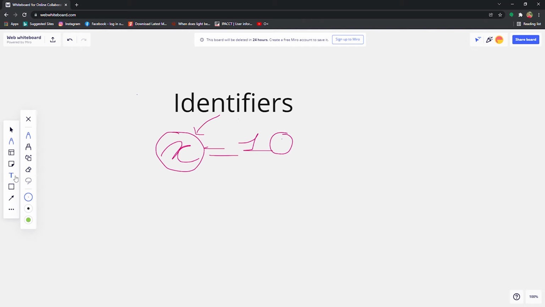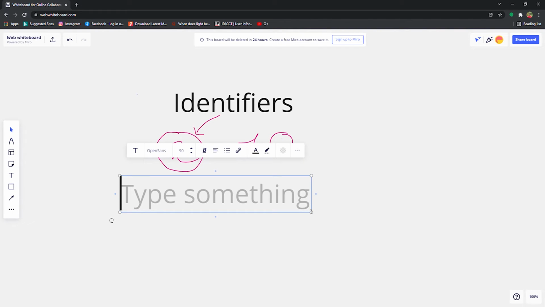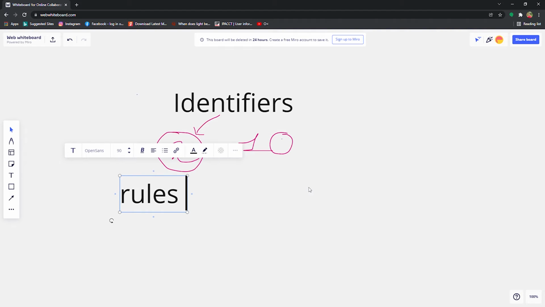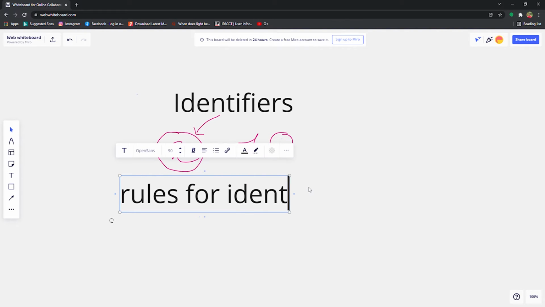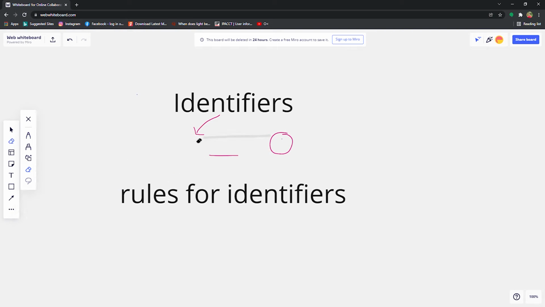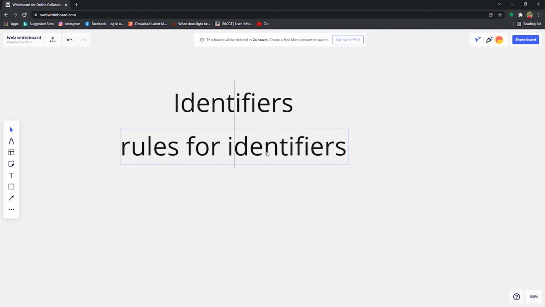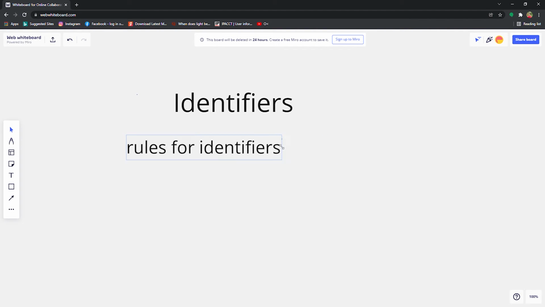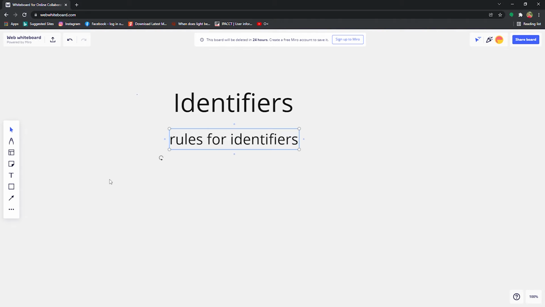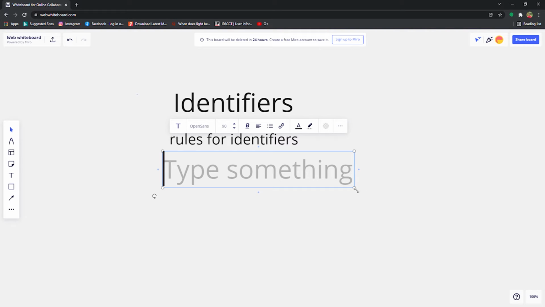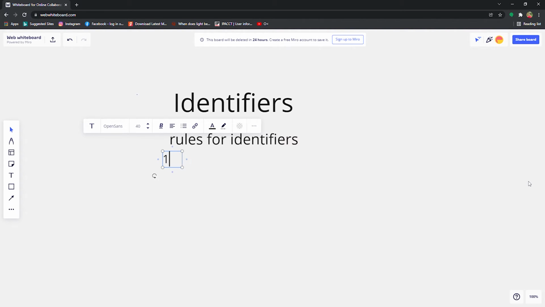So let me write rules for identifiers. Number fourth rule.